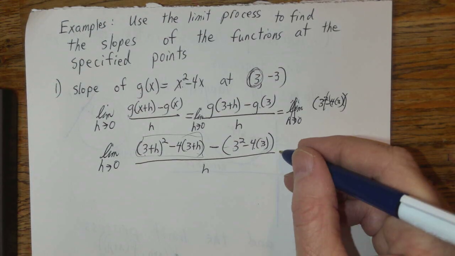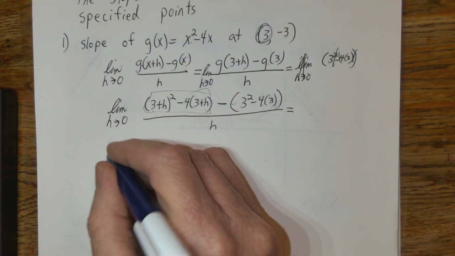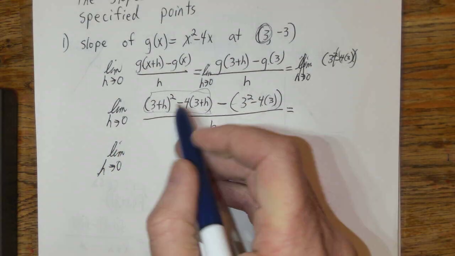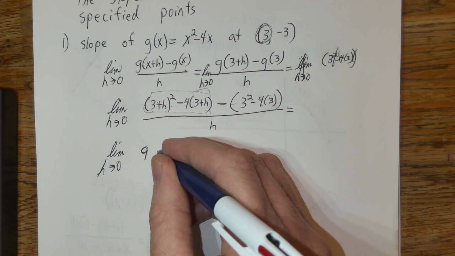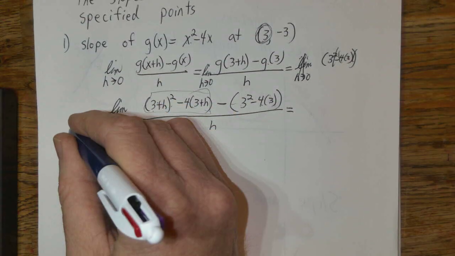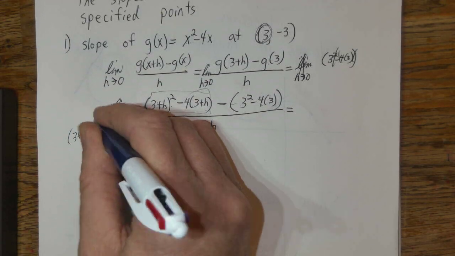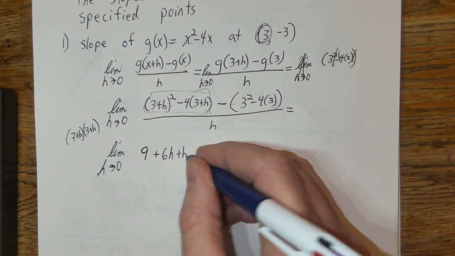Alright, let's take a look. The limit as h approaches 0, 3 plus h squared. That's 3 times 3 is 9, plus 2 times 3 times h, which is 6h. Foil it out if you don't remember that pattern. And plus h squared.